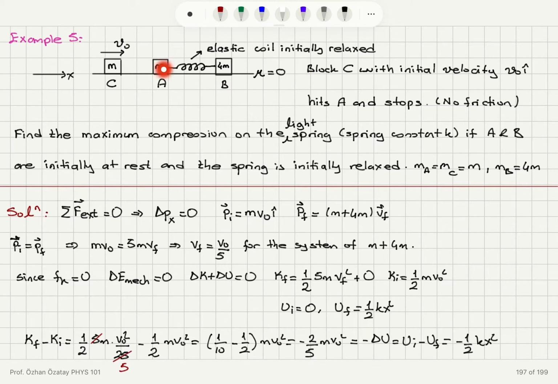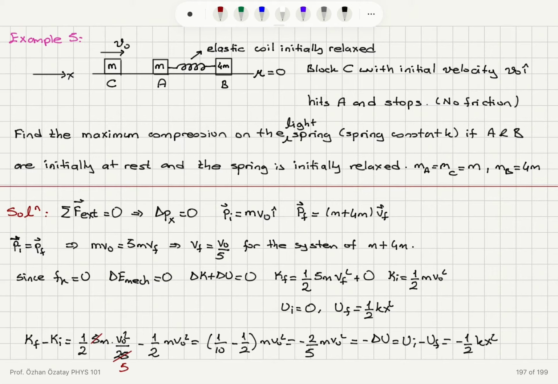The net external force on the x-axis is 0 for the system of A, B, and C. Linear momentum is conserved on the x-axis, so we write the initial linear momentum equals final linear momentum to find the final velocities of m and 4m to be v0 over 5.